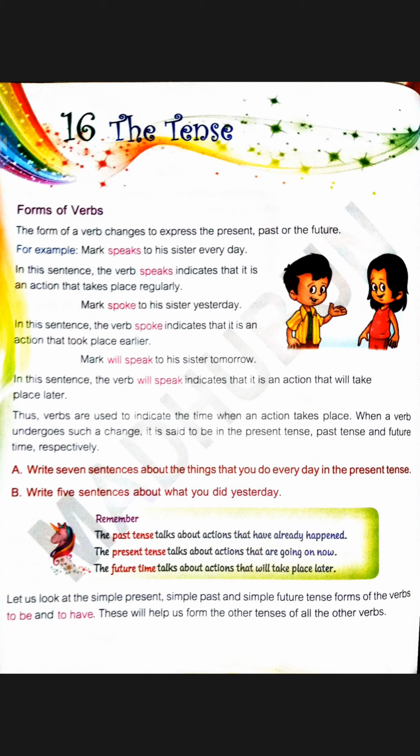Let us look at simple present, simple past, and simple future tense forms of the verbs to be and to have. To be and to have are two verbs. Now we will look at their simple present, simple past, and simple future tense.